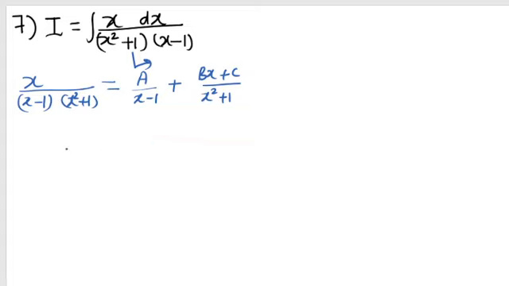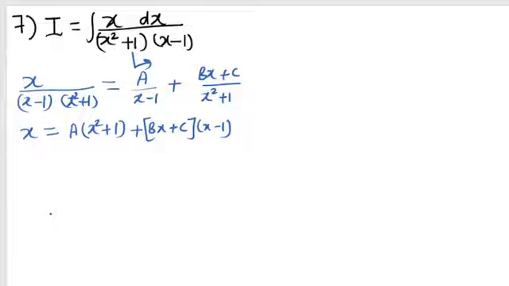Right, now we need to simplify it, so it will become x is equal to a into x square plus 1, and here b into x plus c multiplied with x minus 1. Right, now we need to find the values of a and b. How we can do that?